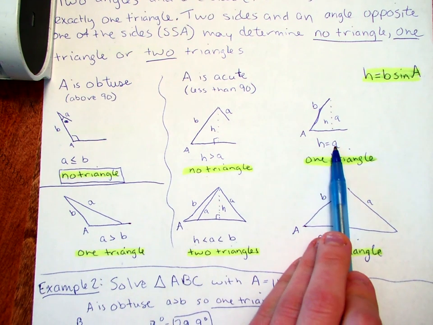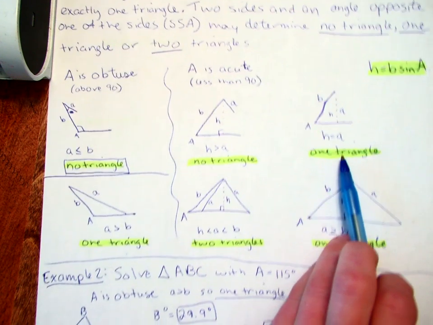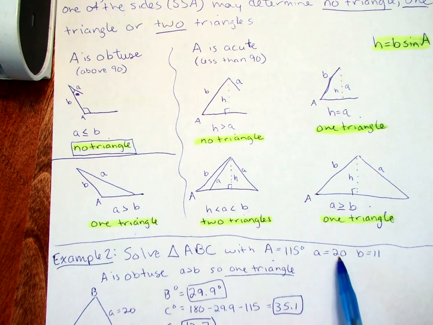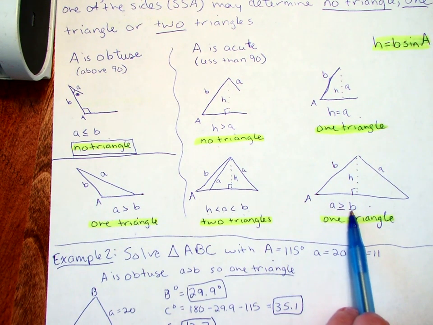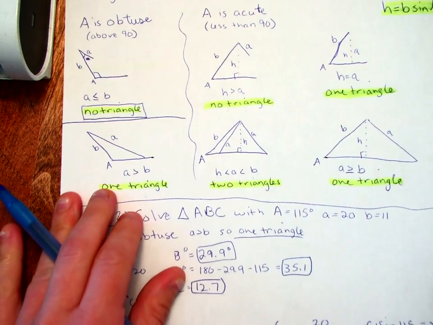If h is exactly equal to a, they basically share that side, there's one triangle. And if a is greater than or equal to b, they make one large triangle. So we'll kind of circle back to this as we go through every problem.